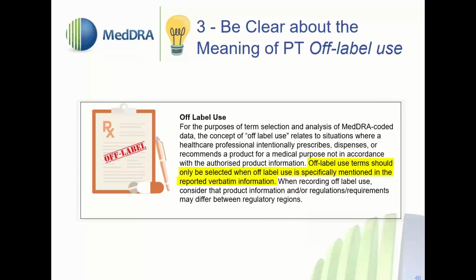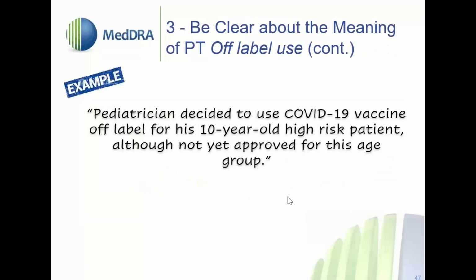As we mentioned earlier, local regulations and product information may differ between regulatory regions. So coders shouldn't just take that decision. It needs to specifically state that because of the local regulations and how they may differ in different regulatory regions. Regulators are very clear on this, and you'll see that in all examples of off-label use in the PTC document. Off-label use is clearly named in the wording in those documents.